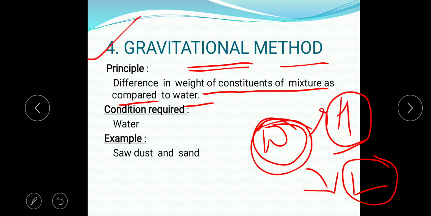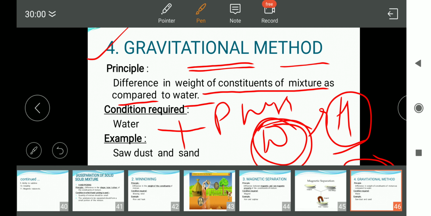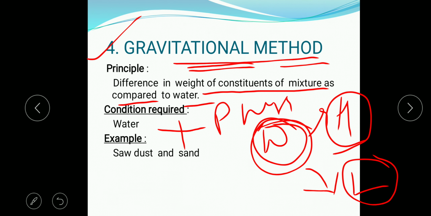That is gravitational method. Here what is the condition required? That is water, and plus there should not be any physical disturbance to the apparatus while we are applying this method of separation. Then examples, sawdust and sand. So here sawdust is lighter than water and sand is heavier than water, and both these components can be separated by the gravitational method.